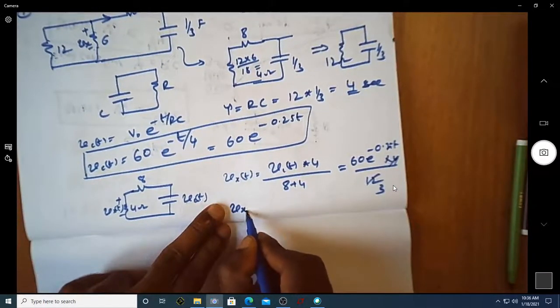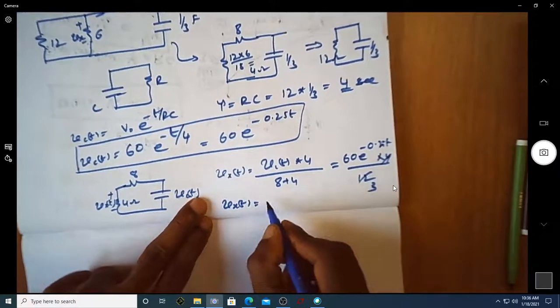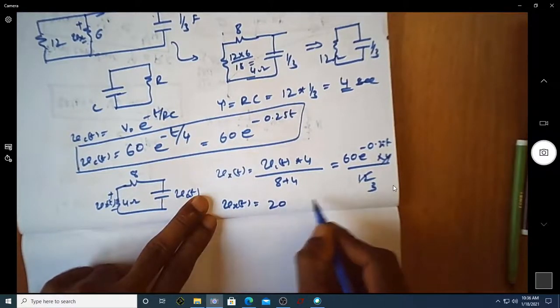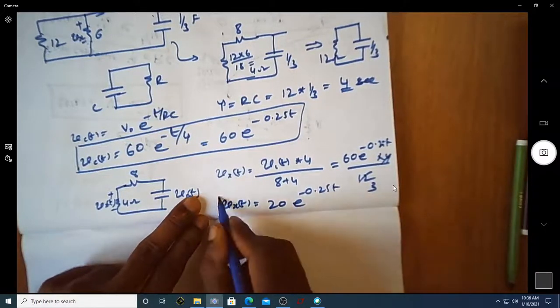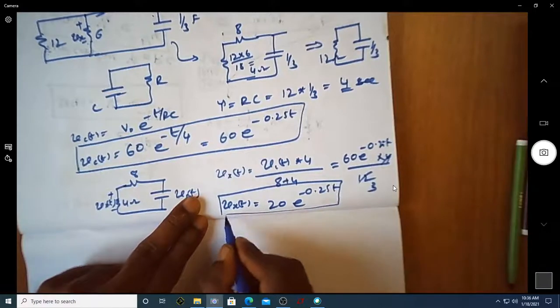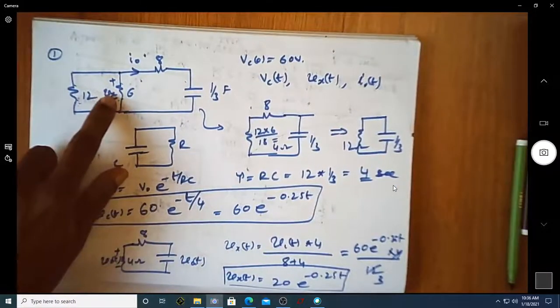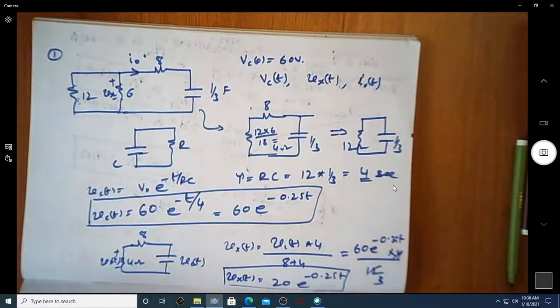Now Vx of t is equal to 20 e power minus 0.25 t. This is the expression for the voltage across the 6 ohm resistor at any point of time.